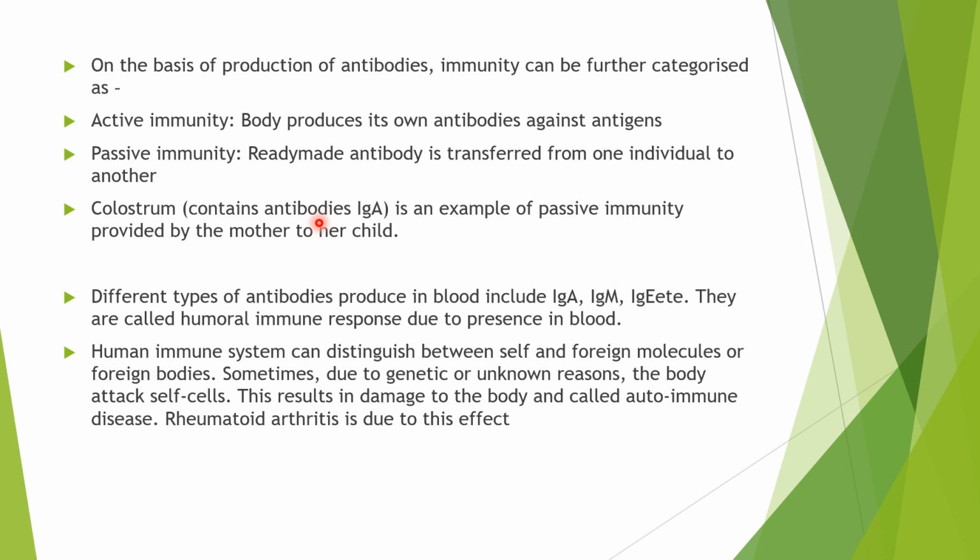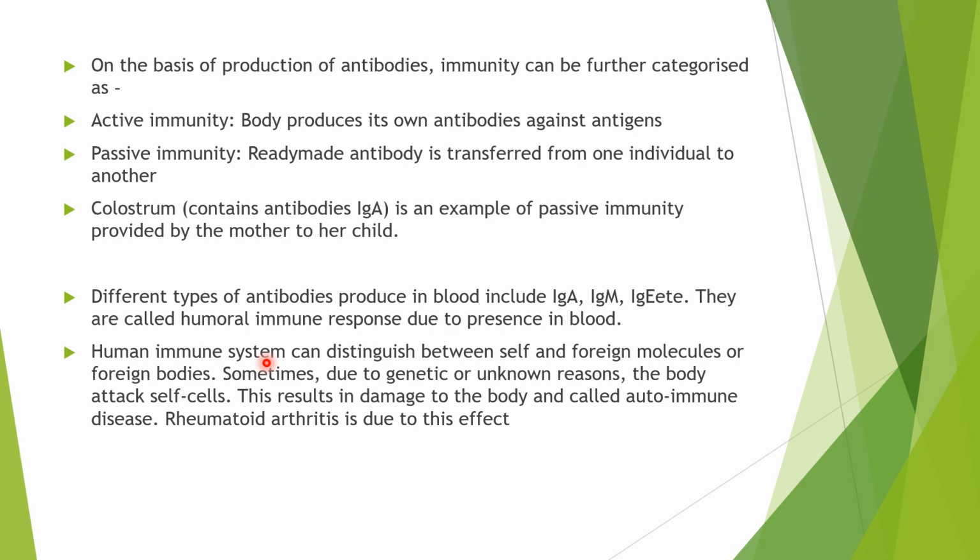Actually, different types of antibodies are produced in the blood, including immunoglobulin A, immunoglobulin M, and immunoglobulin E. There are lots of types of antibodies, and these are called the humoral immune response due to the presence of blood. We call it the humoral immune response only if blood is involved.